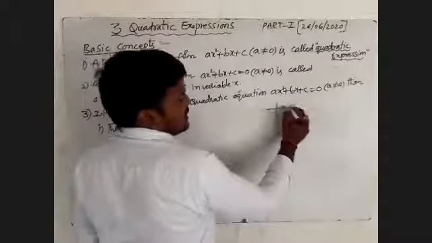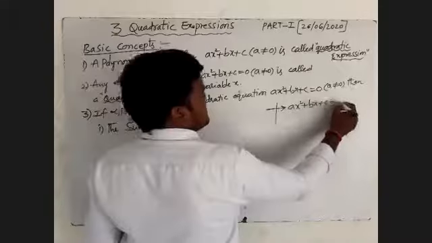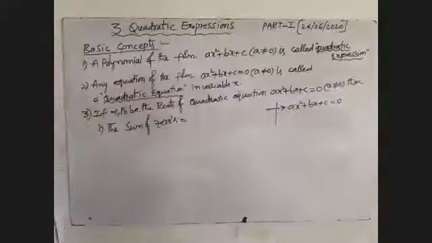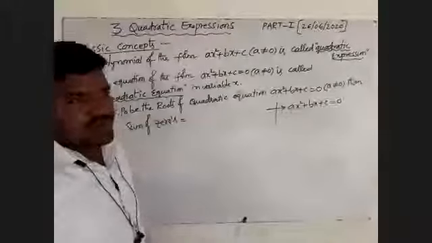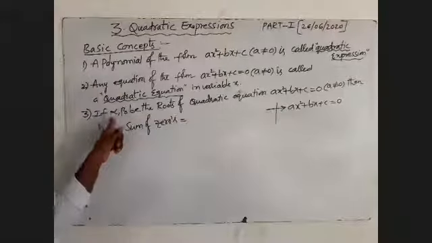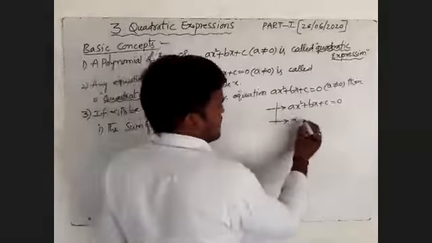What is the given quadratic equation? Ax square plus bx plus c is equal to 0 is the given quadratic equation. The degree of the given polynomial is 2, which means it has 2 roots. One is alpha, another one is beta.